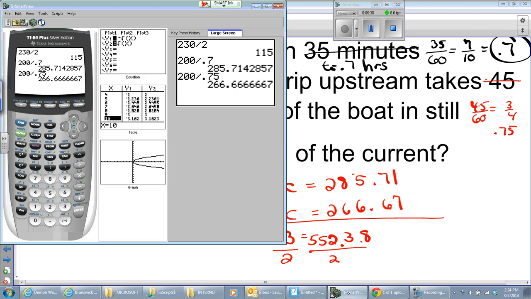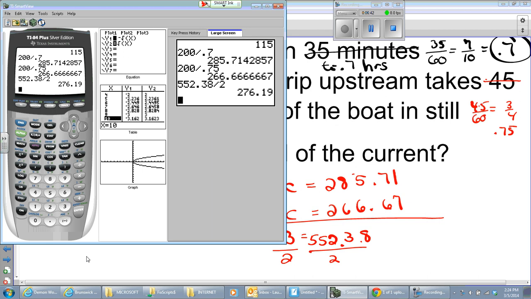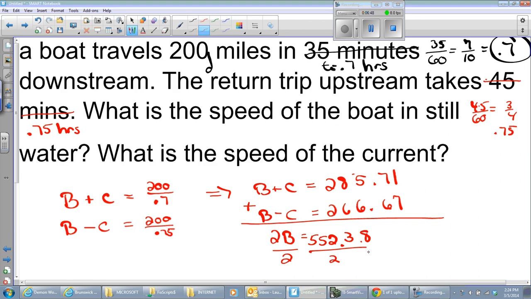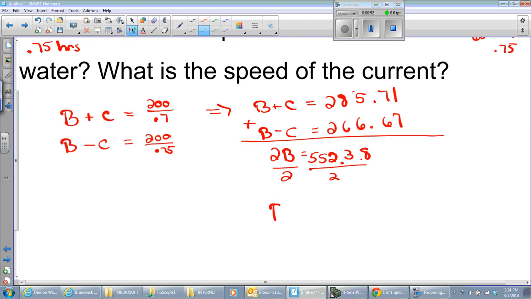All right, so 552.38 divided by 2, and we'll get 276.19. So the speed of the boat, 276.19.